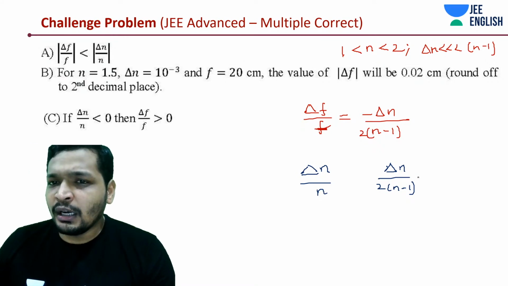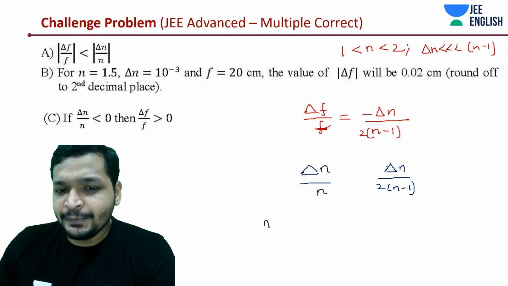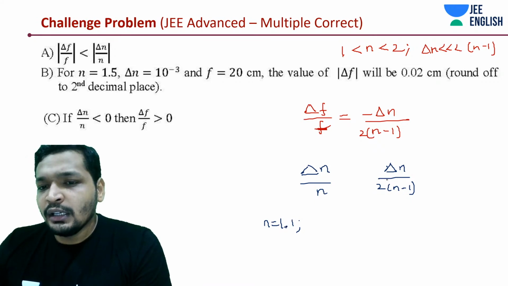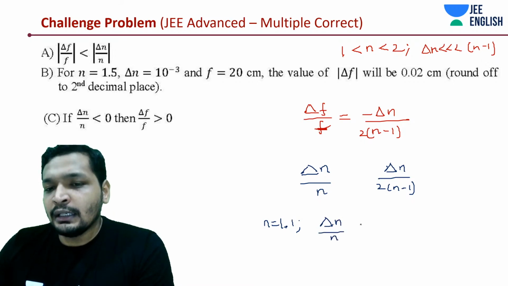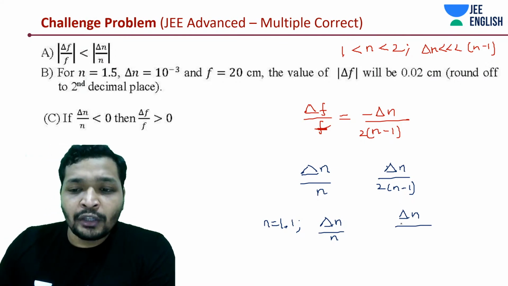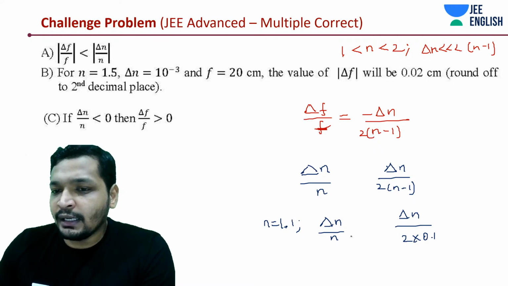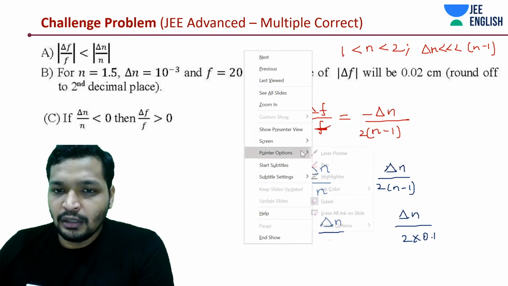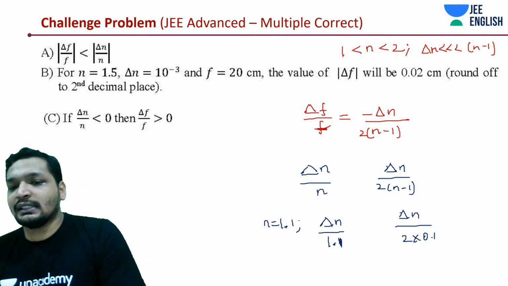Substitute n equal to 1.1. If you substitute n equal to 1.1, how much do you get? This would become delta n divided by 1.1, and this would become delta n divided by 2 into 0.1. So basically 10 divided by 2, 5 times delta n. Whereas this is delta n divided by 1.1, this is 5 times delta n.